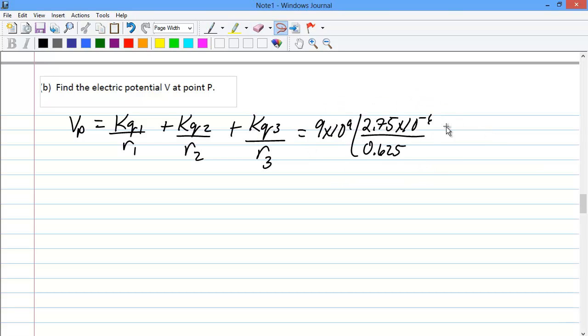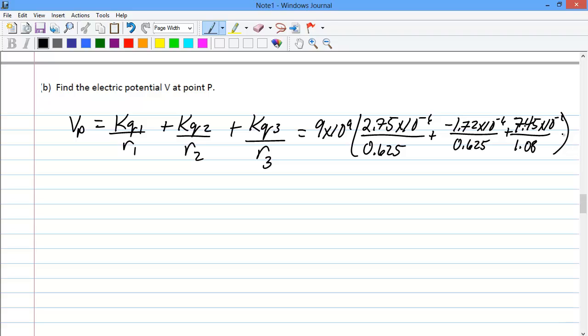Plus Q2, which is negative 1.72 times 10 to the negative 6 divided by 0.625, plus Q3, which is 7.45 times 10 to the negative 6 divided by the distance, which for that one is 1.08.